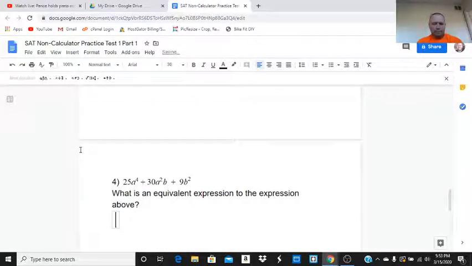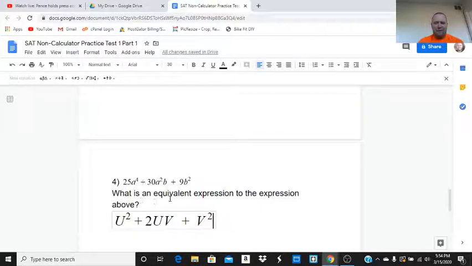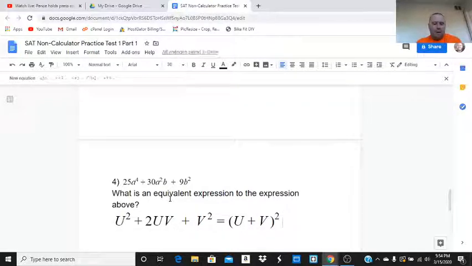So it's basically some quantity, we'll call it u squared, plus 2 times u times v plus v squared. That's basically what this perfect square trinomial is, okay? Which equals basically u plus v squared. Okay. So all we have to do is really identify u and v, and then we can substitute them in.